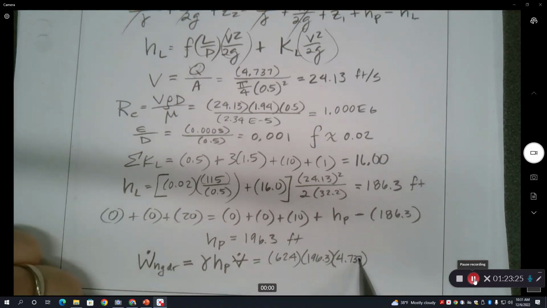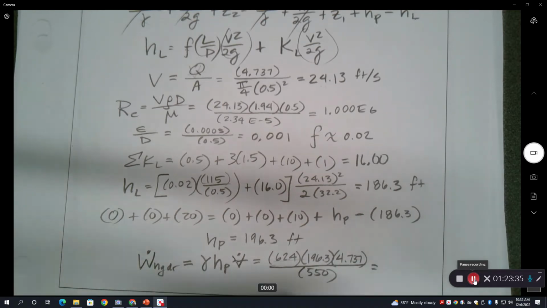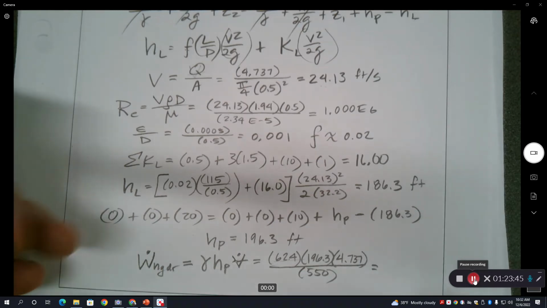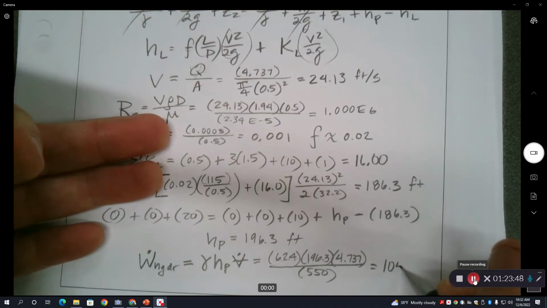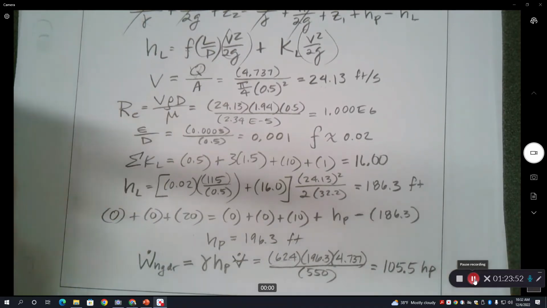So the units work out for this to be in foot-pounds per second, and so we can divide by our 550 to get it into horsepower. And the answer is 105.5 horsepower.